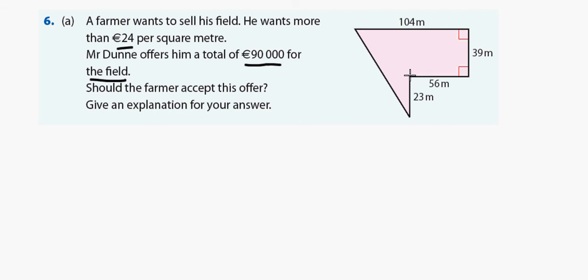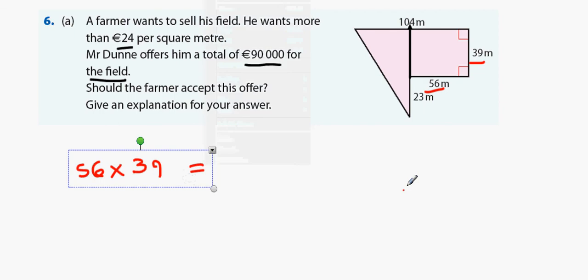Now the rectangle is the easy one to get, the easy marks. It has a length of 56 and a width of 39. So 56 multiplied by 39, that's going to get us 2,194.